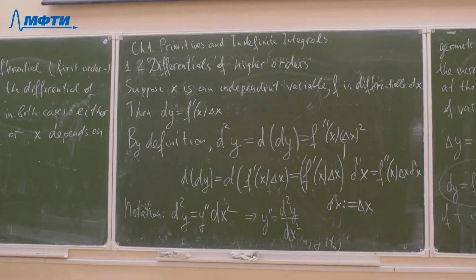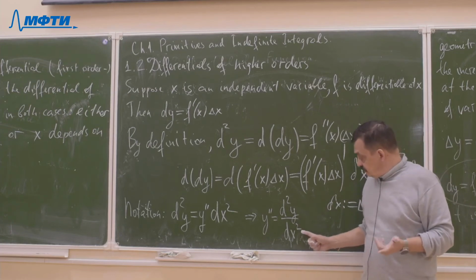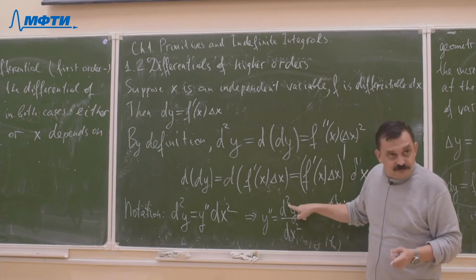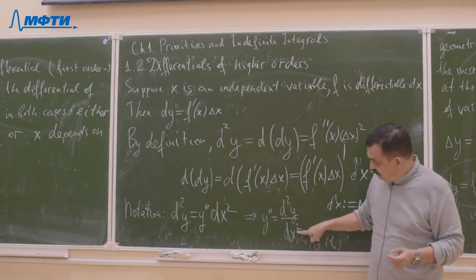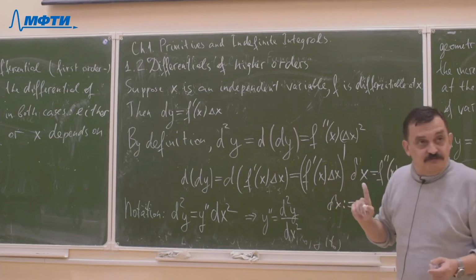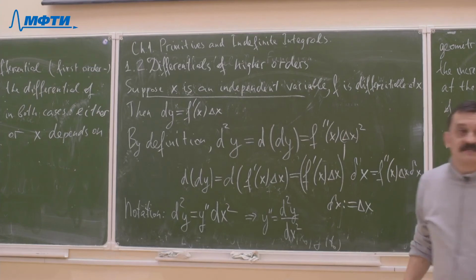I'm sure you saw this notation for the second derivative, but now it is explained. And please don't mix: in the numerator 2 should be near d, and in the denominator near the variable x. But be careful. This supposition now is very essential.